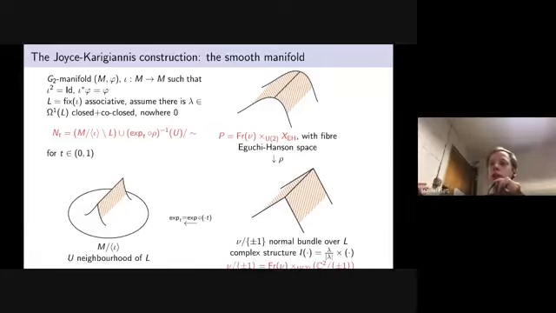And then this thing will be a smooth manifold, and we write it down for t between 0 and 1. T is called the gluing parameter, and later on we want to take t very small.